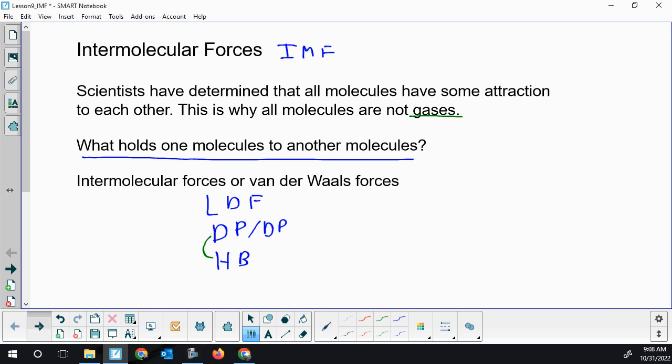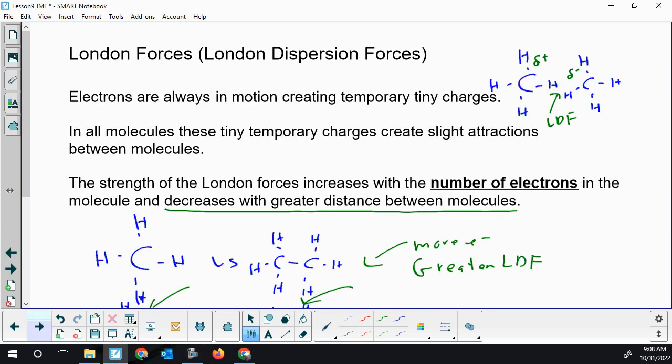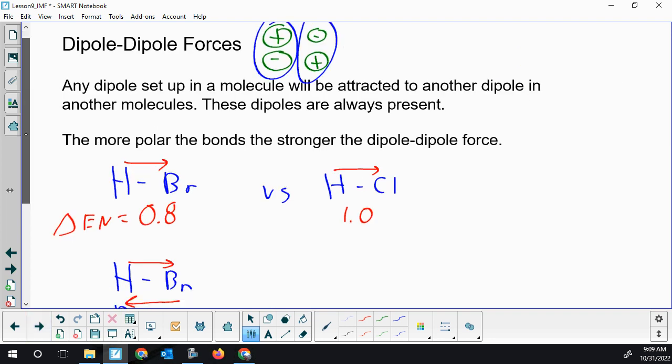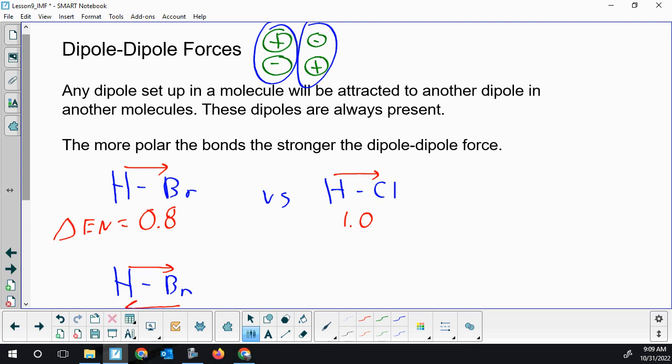So we have three forces. Everything has London dispersion forces. The more electrons it has, the greater the London. Really, the bigger it is, the more London it has, but that's not the science, it's electrons. Then we talked about dipole-dipole forces. When you have a polar molecule that has a positive and negative end, you'll have these forces.